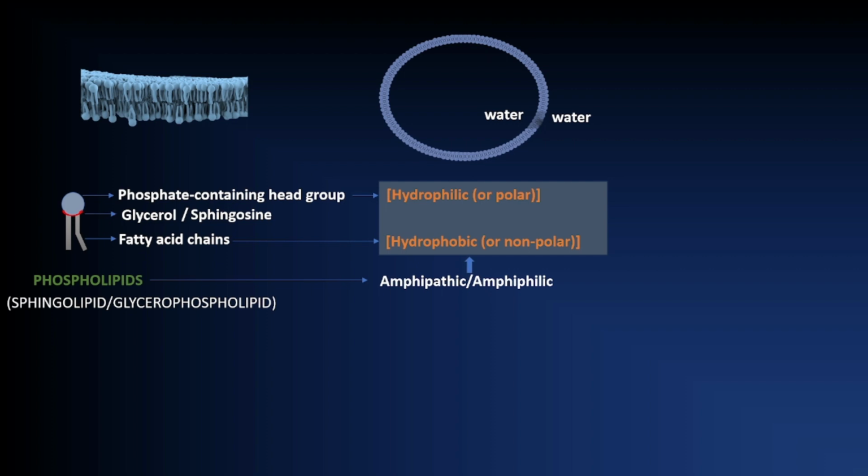Phospholipid bilayer is made up of two phospholipid monolayers. Inside the cell, the fluid is called cytosol. The monolayer that faces towards the cytosol is called the cytosolic monolayer, and the one that faces towards outside the cell is called the non-cytosolic monolayer. The tails of these monolayers face each other.